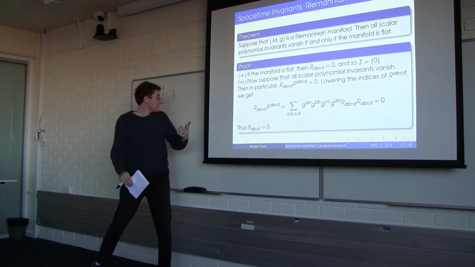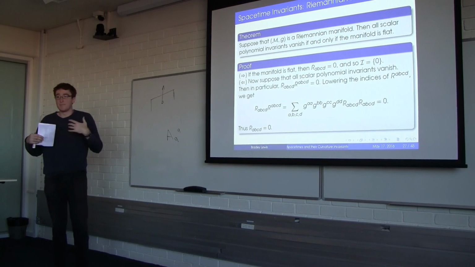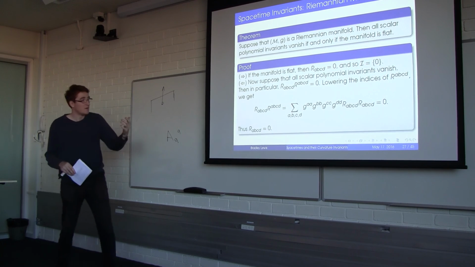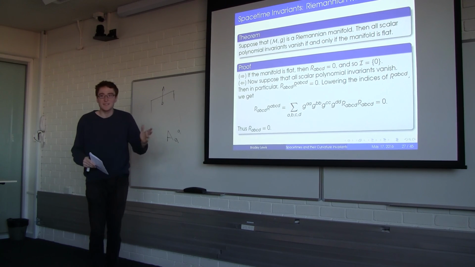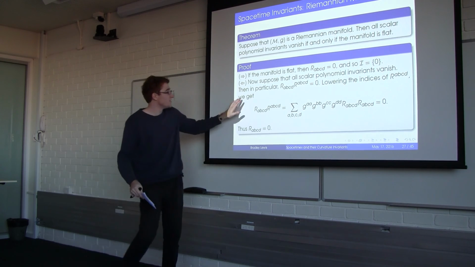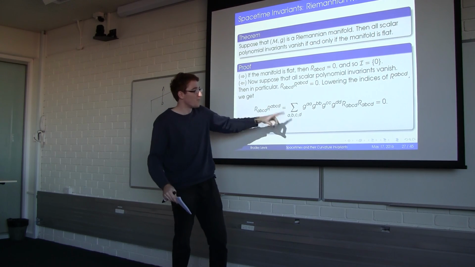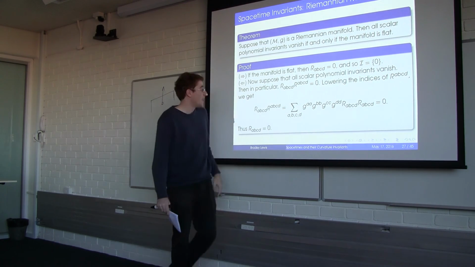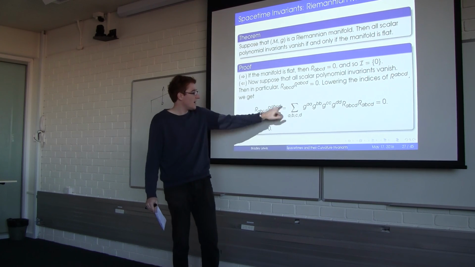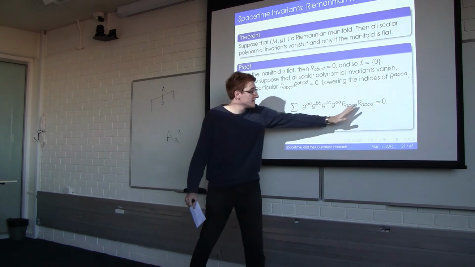Because the metric is a symmetric real matrix, it has 4 eigenvectors, or you can always diagonalize it. And we're going to choose a coordinate system that diagonalizes the metric. And so lowering all the indices of the upper R, we get this.